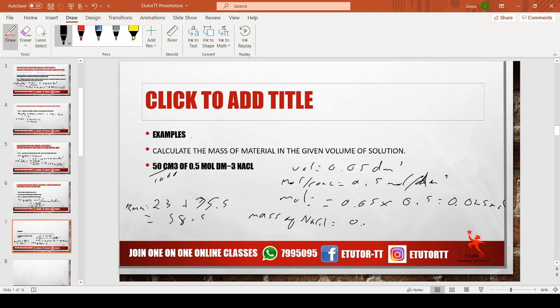So we have 0.025 multiplied by 58.5, which gives us a mass of 1.4643, because we're using three significant numbers, grams.